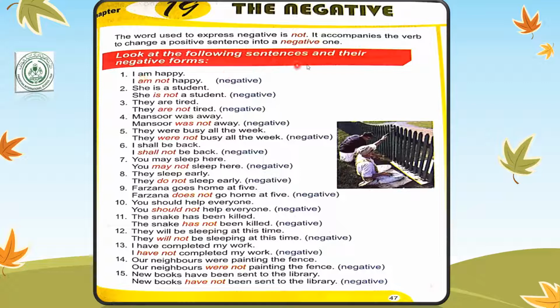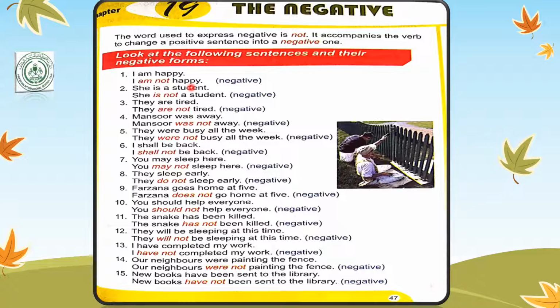Look at the following sentences and their negative forms. Now, dear students, here we have 15 sentences, simple or positive, and they are changed into the negative as well. Number one, I am happy. If you want to change the sentence into negative, you will say, I am not happy.